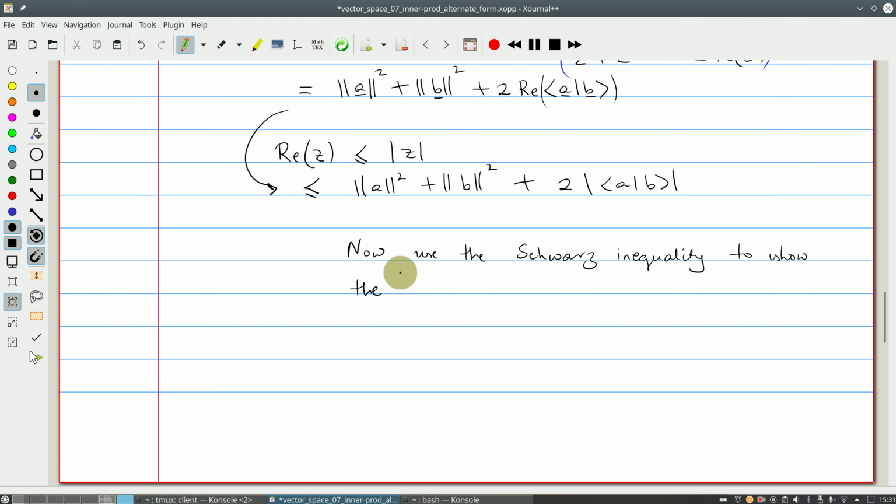Use the Schwarz inequality to show the triangle inequality, which is the norm of A plus B is less than or equal to the norm of A plus the norm of B.